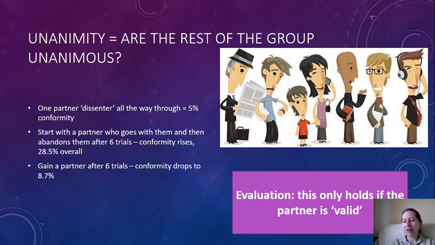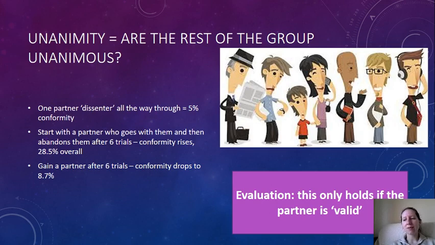In terms of evaluation, you'll see again there's a study in your booklet that talks about the fact that this only holds if the partner is valid. So there was a couple of psychologists, Allen and Levine, that did this experiment, but they tried different kinds of people for the dissenter, the partner, to see if that made a difference.